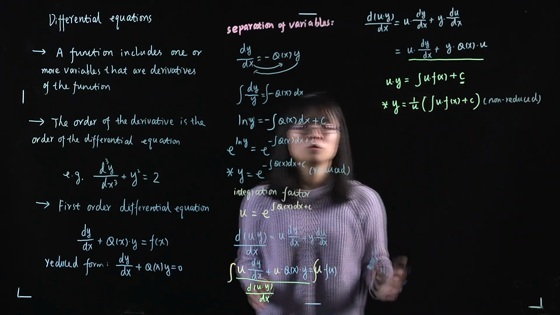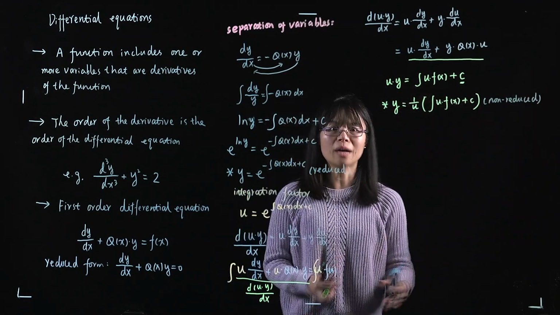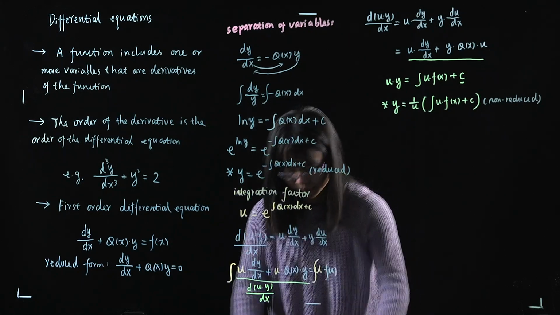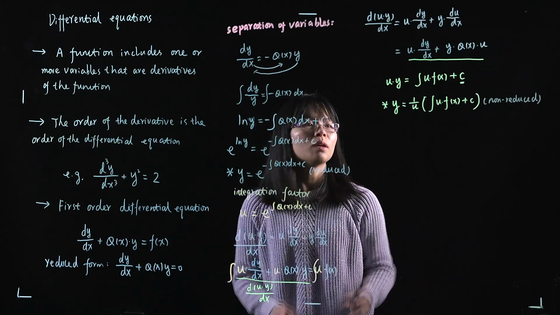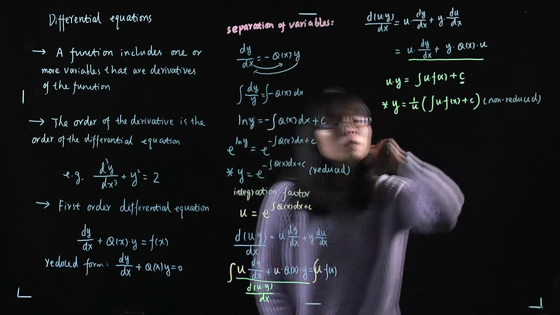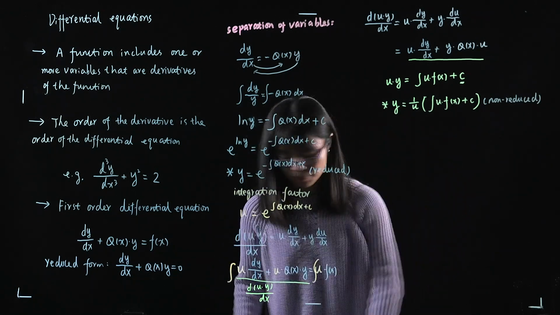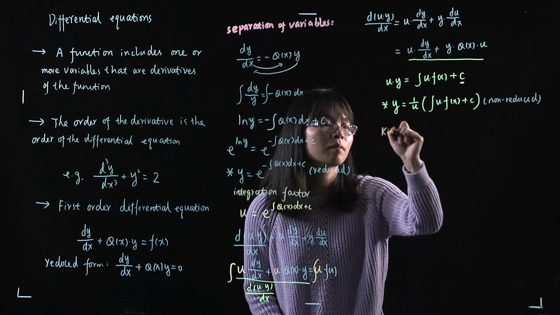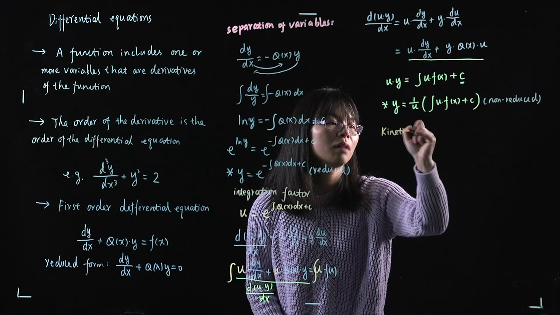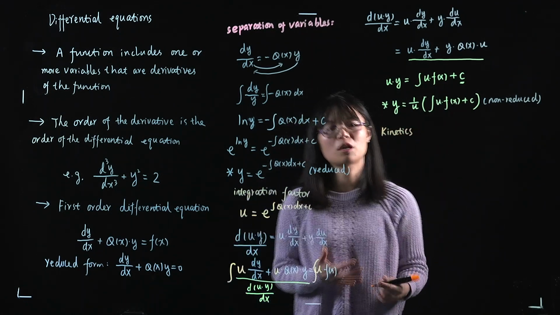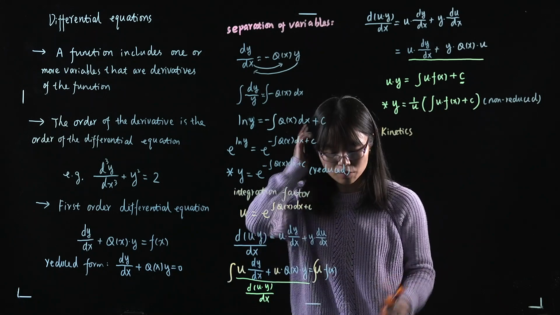With the general format of the solution, we can go ahead and try to solve specific real problems. Let's see several questions regarding kinetics. How are differential equations going to help us solve problems in kinetics in physical chemistry?